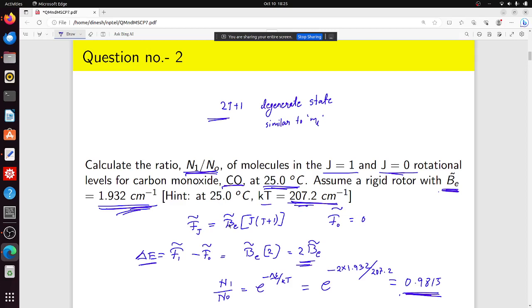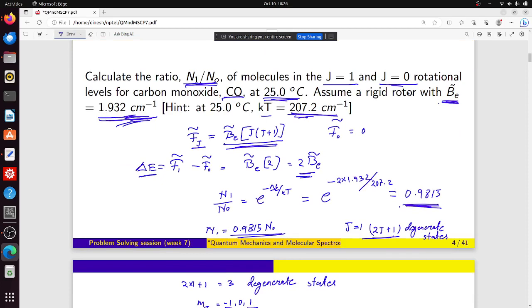In rigid rotor approximation, we can calculate the energy in terms of this rigid rotor constant as this. So the energy difference between j equal to 1 and j equal to 0 state will be giving us 2B, which is all this. Then using Boltzmann distribution law, n1 over n0 will be e to the minus delta E over kT. And delta E we already calculated.